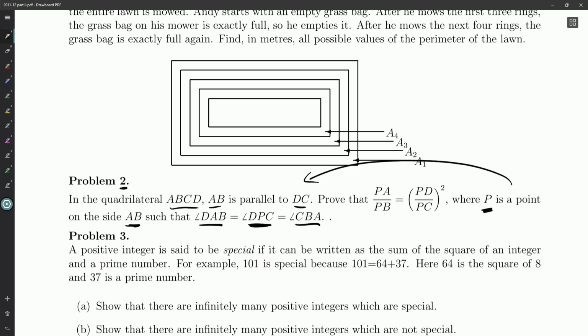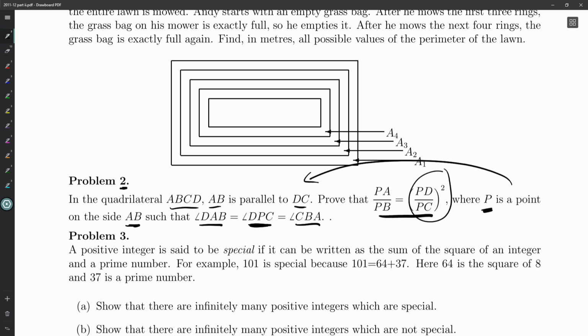So what can we do here? And sorry, what do we need to do? I skipped over this. I need to show that PA over PB is the same as PD over PC squared.